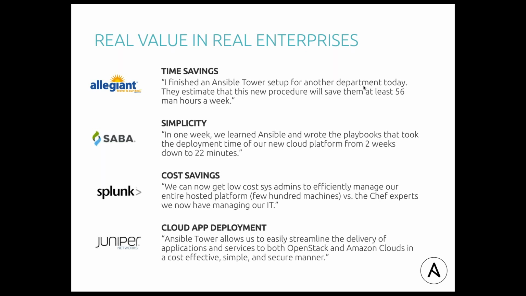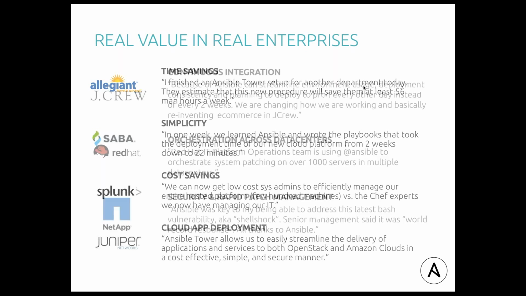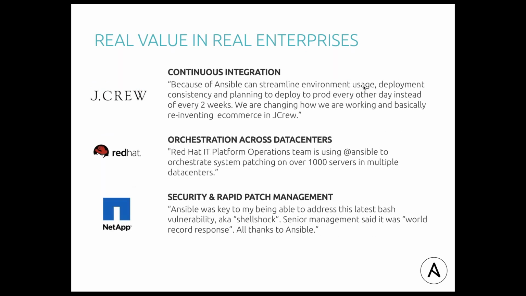There's lots of different use cases like that. Juniper Networks uses Ansible Tower to deploy, from an operations perspective, their applications to both OpenStack and Amazon. Red Hat, of course, uses Ansible and Tower to automate patching at the operating system level of thousands of servers internally. They also use Ansible to deploy OpenShift, which is, of course, their platform as a service offering.